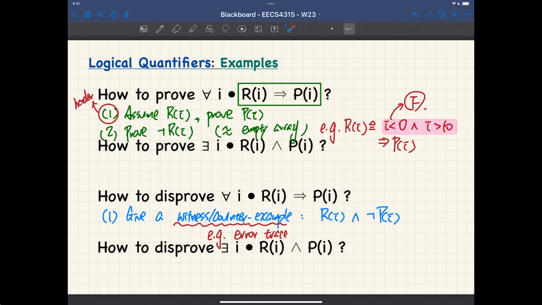One more hint. You may want to think about, if I really want to make use of this to let the model checker help me, what should Pi be? That's a good question.